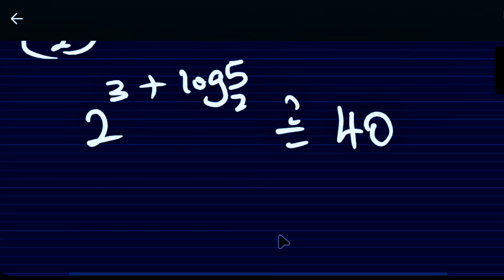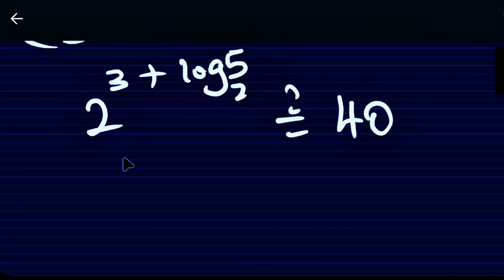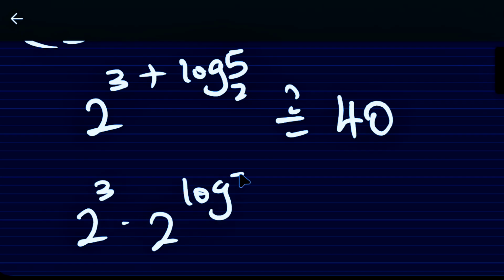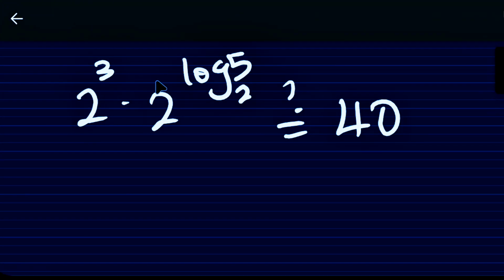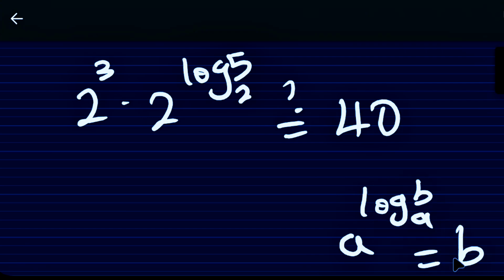Okay, so from here, we are going to apply this exponential rule. If you have 2 exponent (3 plus another number), we are going to have 2 exponent 3 multiplied by 2 exponent log 5 base 2. And is this equal to 40? So from here, we are going to apply this log rule. If you have A exponent log B base A, this equals B. Looking at this, you can see that we have 2 here and we have 2 here.